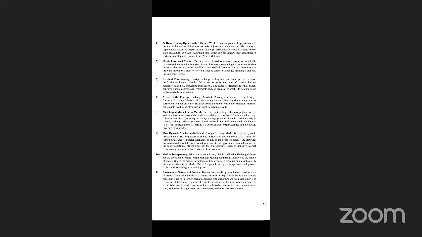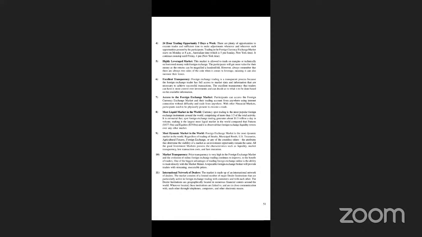It's just that one should have proper internet connectivity and some basic knowledge of trading. If you possess these qualities, yes, you can go ahead and get into such markets, and unlike other financial markets, you need not be physically present to execute a trade.